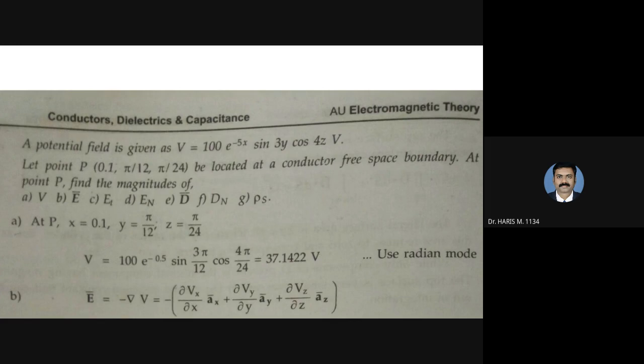Here capital V refers to volt because it is an electric potential, so the unit is volt. The potential equation is 100 e power minus 5x sine 3y cos 4z. This is in XYZ components, which is a Cartesian coordinate system. Let the coordinates of the point P be 0.1, pi by 12, pi by 24.